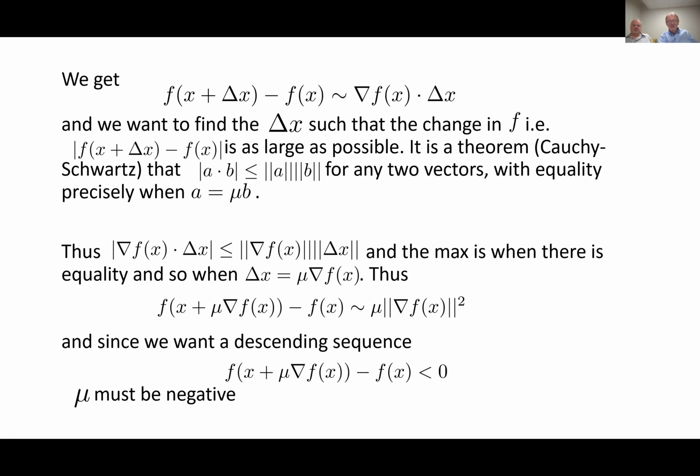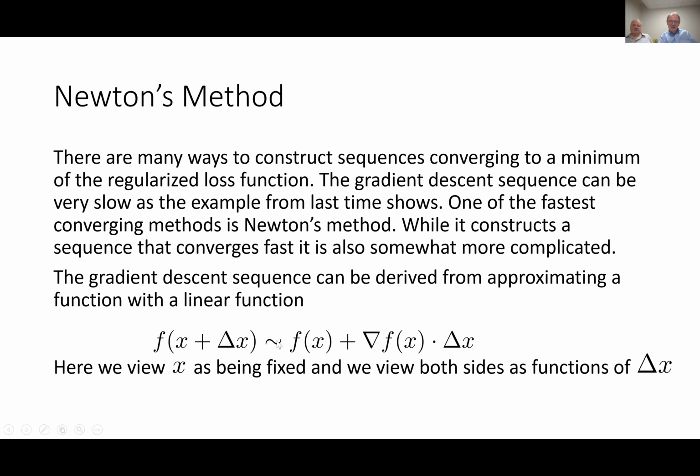Let me not go through all the details, but the idea behind gradient descent is that you can approximate a differentiable function with a linear function. The linear approximation is that f(x + delta x) is close to the value at x plus the derivative of the function at x times delta x.